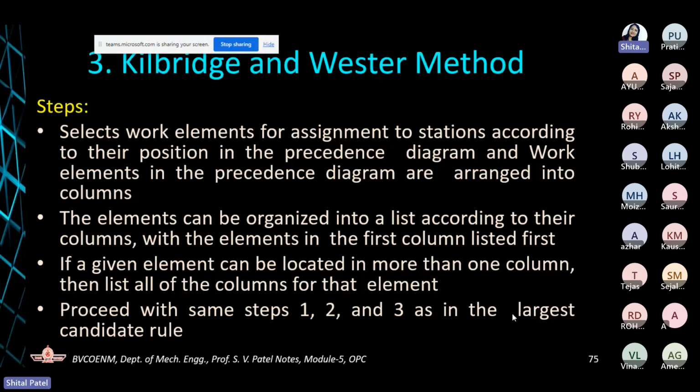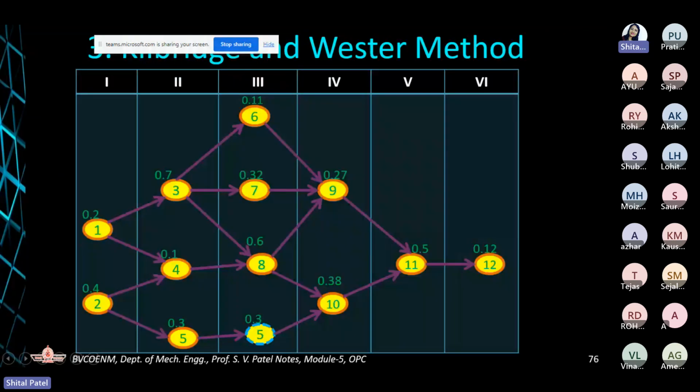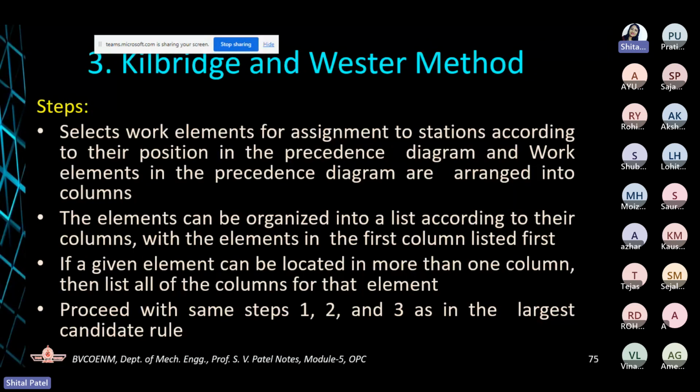Okay. Chaliye. So next we are having Kilbridge-Wester method. So here in this particular method, we are going to create a kind of columns which are going to be organized in terms of sequence or parallel activities.